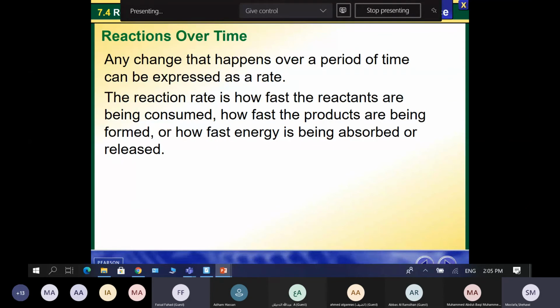The reaction rate is how fast the reactants are being consumed, how fast the products are being formed, or how fast energy is being absorbed or released. So this is how fast the chemical reaction happens. We calculate it by the amount of reactant consumed or the amount of product produced. This is how to calculate the rate of chemical reaction.